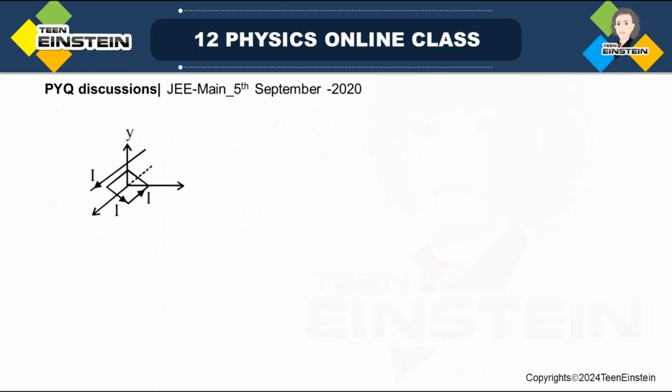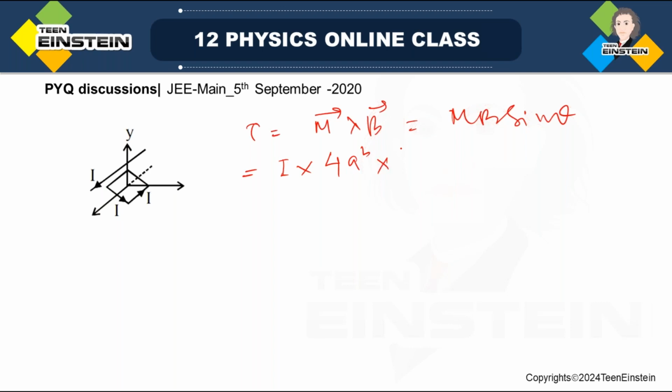Now we can find out the torque. M is I times A, which is I times 4a square, and B is mu 0 I by 2 pi b. And what about the angle?